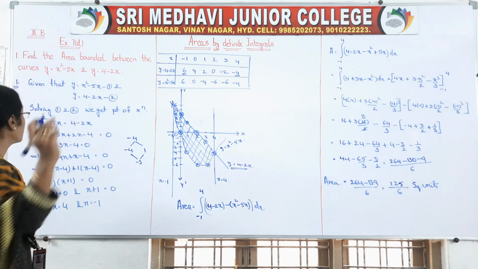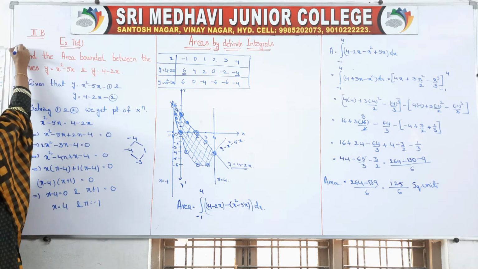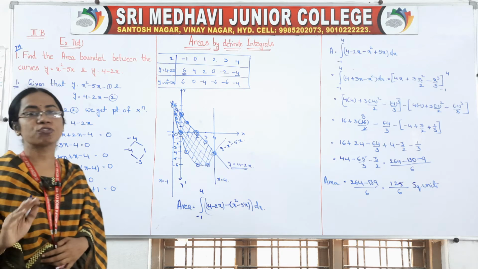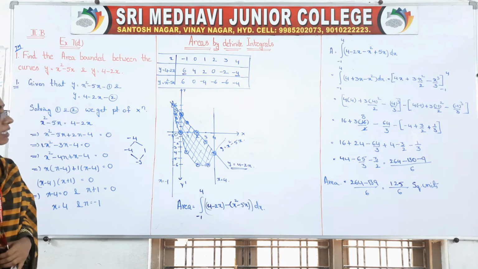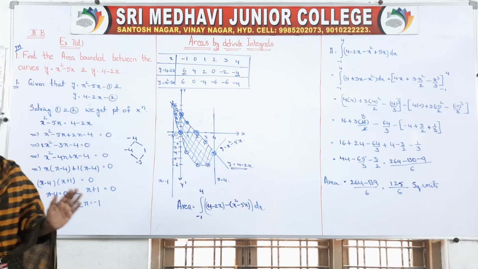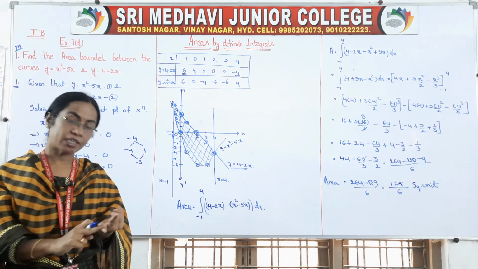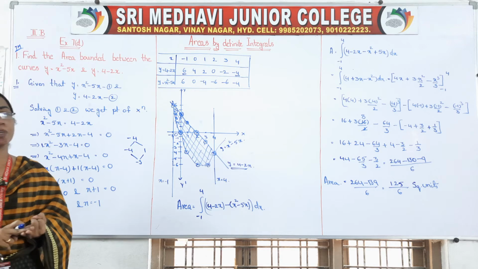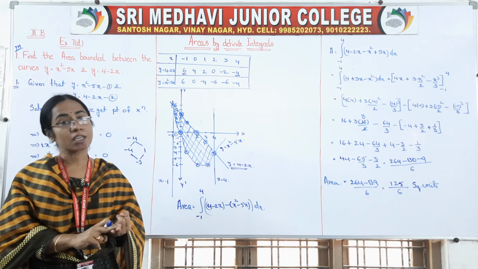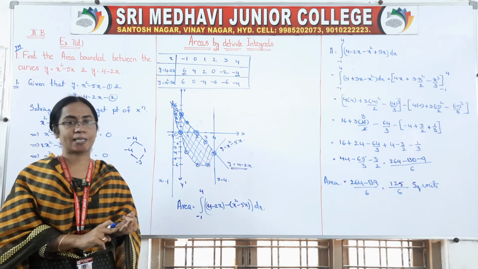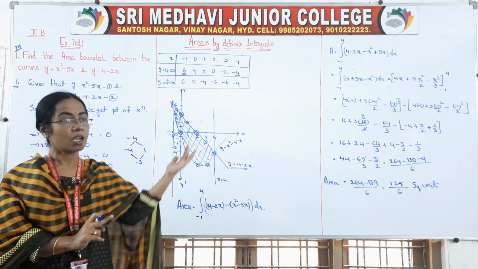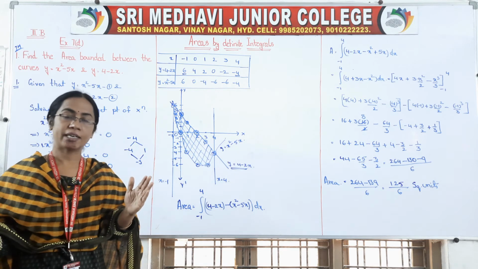Okay, so this one is a 7 marks question. Observe carefully. We have to find the area covered by these two curves. Sometimes one curve and one line equation will be given, sometimes two curves will be given, sometimes one curve and the x-axis. Whatever it be, we have to find the area from one limit to another limit.